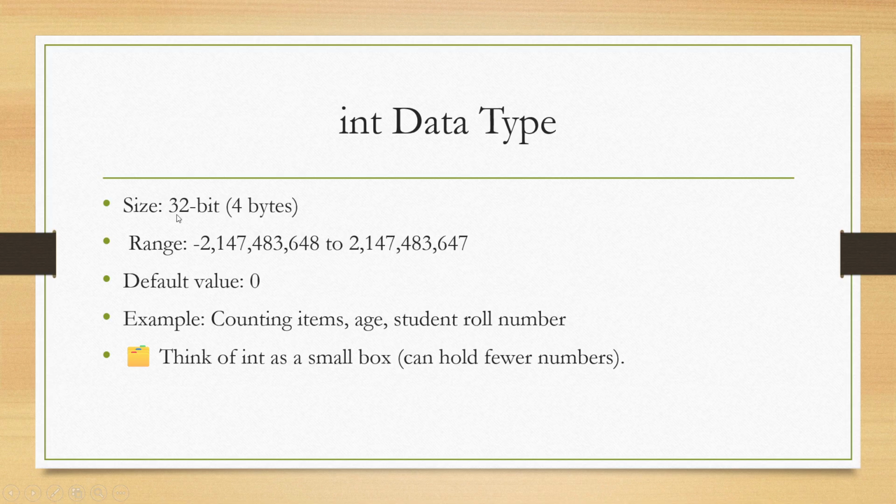This is the range of the int data type. Default value is 0. We usually use int for numbers like age, roll number, or price of an item. So you can think of int as a small box that can store only a limited number of items.